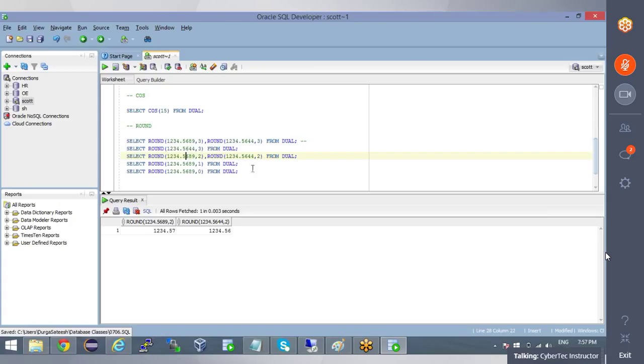But in the second case, my third digit value is less than 5, so I cannot take any action on the second digit. The output will remain as 5, 6. Is that okay? Understandable?